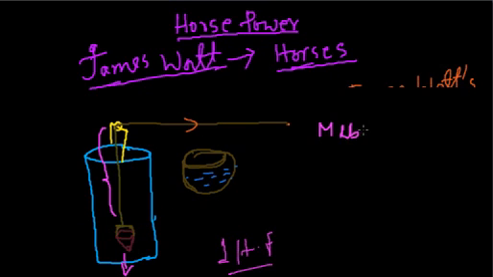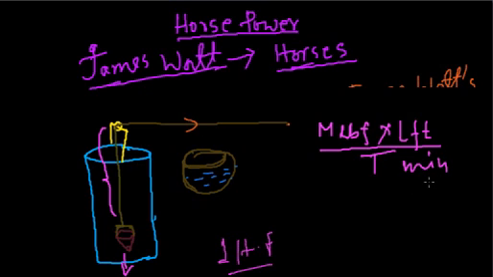So we write it like pound force, not foot, pound force into a distance, that is L, this distance, and this is in feet. So this is work done, and this much work is done in how much time? T time. So per unit time, by T minutes. So this is the power of the horse.